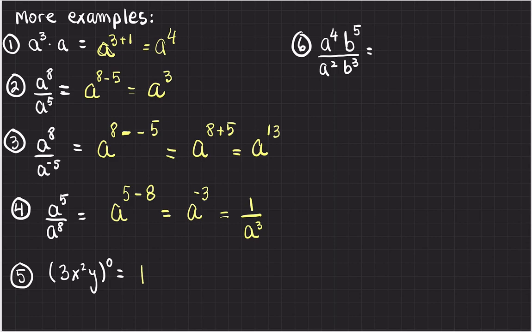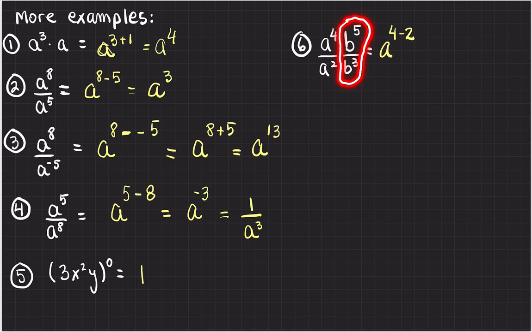Our last example. I have a lot of things here, but I'm going to be doing variable by variable, or letter by letter. So I'm going to take a look at the a's first. Here I have division and it's the same base. So for the a's, I'm going to keep the base and subtract exponents, 4 minus 2. Let's take a look at b.